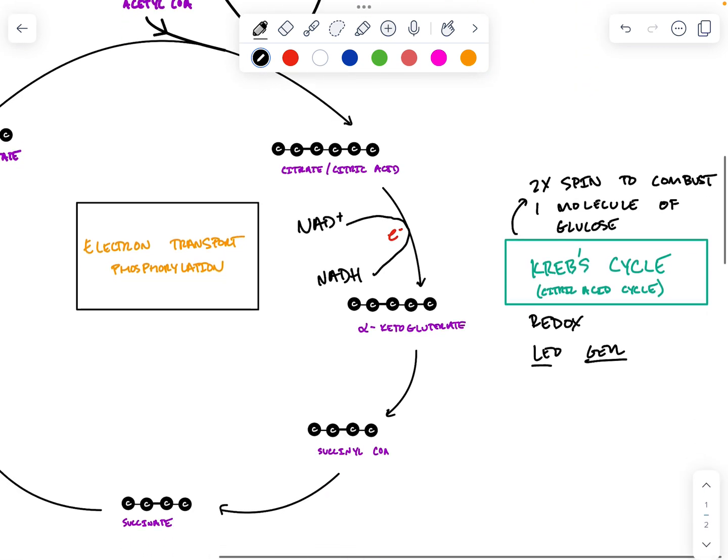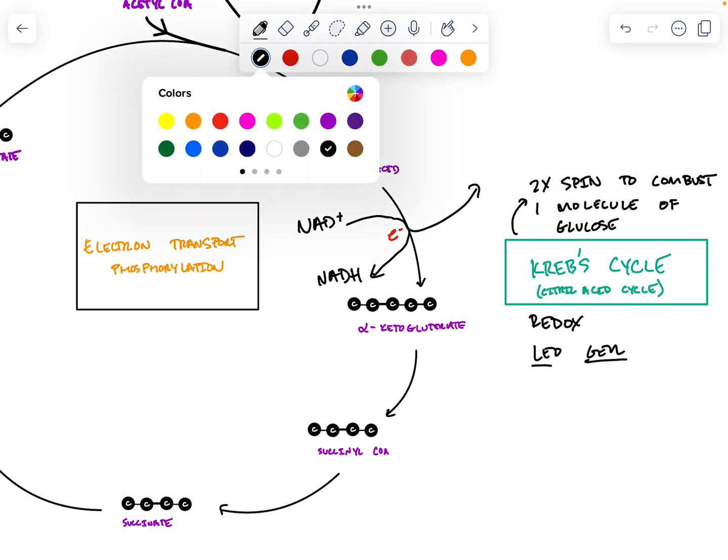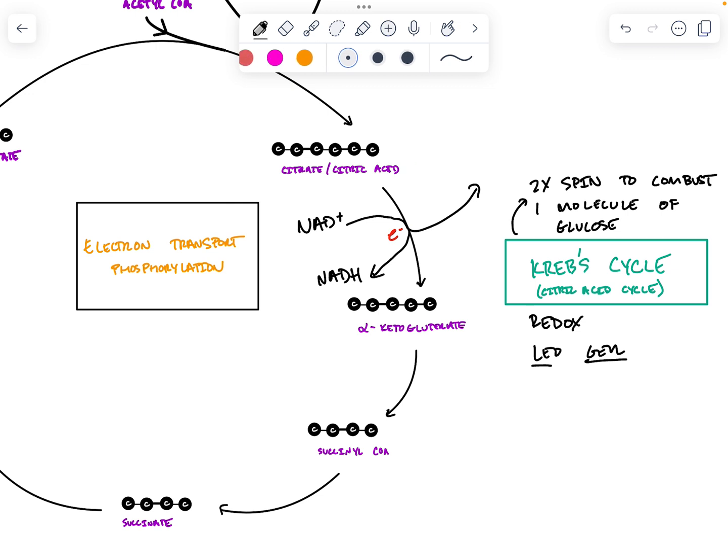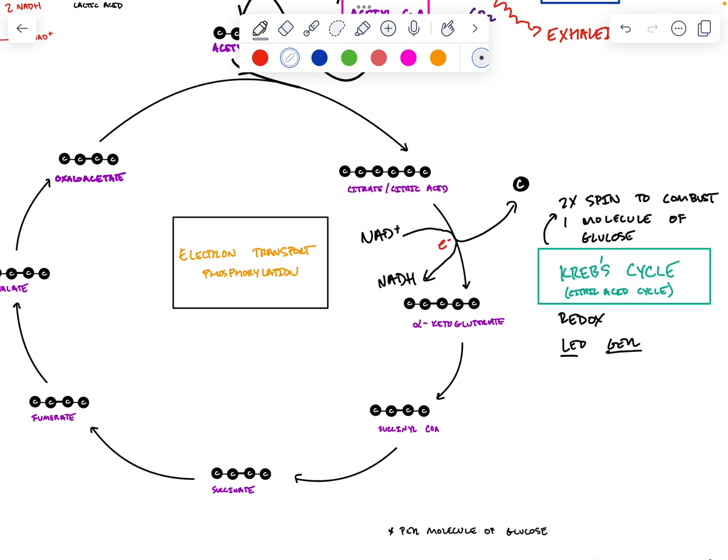Yes, in that process, a molecule of carbon breaks off of citrate or citric acid, and this is CO2.